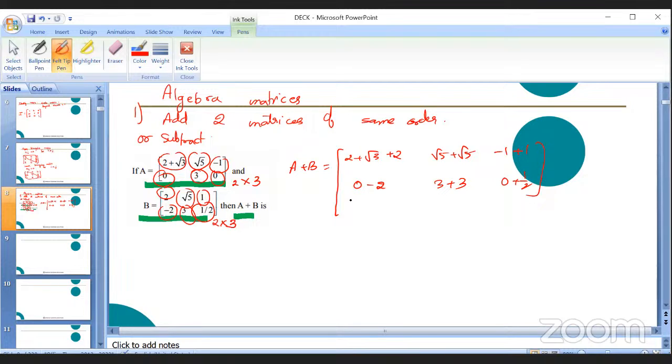That's why we are able to add, and A plus B also will be of the same order 2 by 3. So you will have 4 plus root 3, 2 root 5, 0, minus 2, 6, 1 by 2. This is the A plus B matrix.